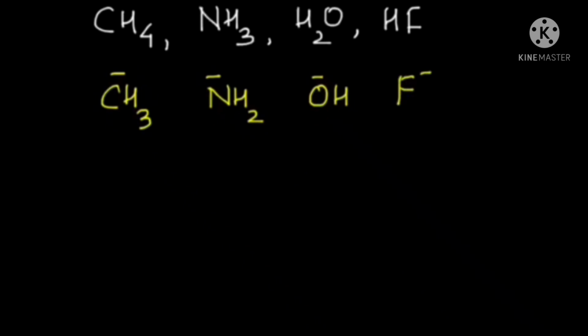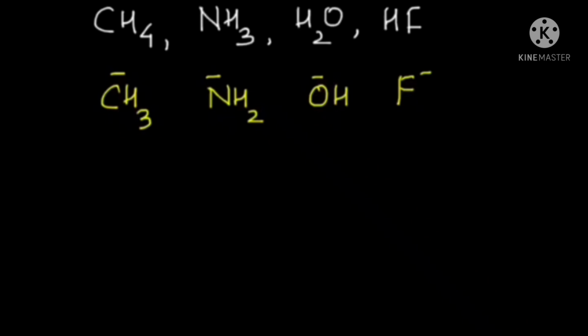Now if you have any troubles finding out the conjugate base, all you need to do is take out an H plus. But if you want a detailed explanation, watch my video on this iCard shown on the screen above. Okay, so now that we have these conjugate bases, we first arrange them in order of stability.